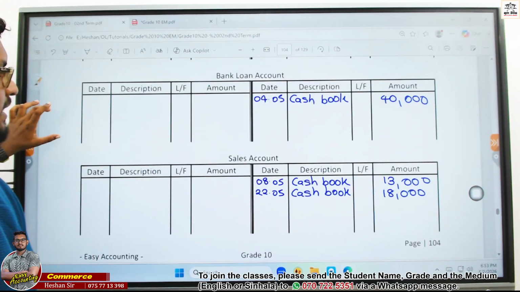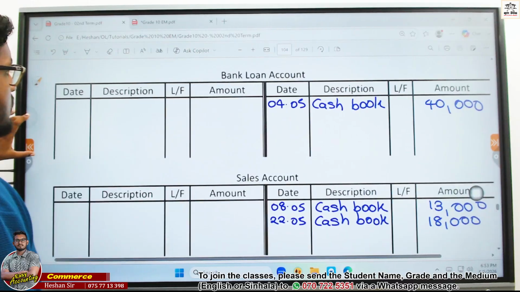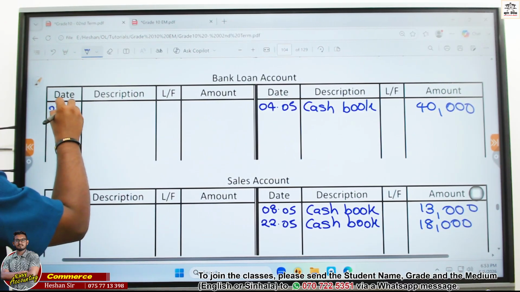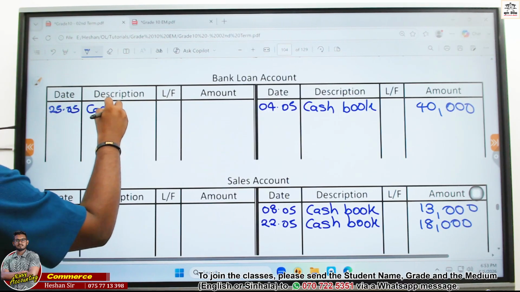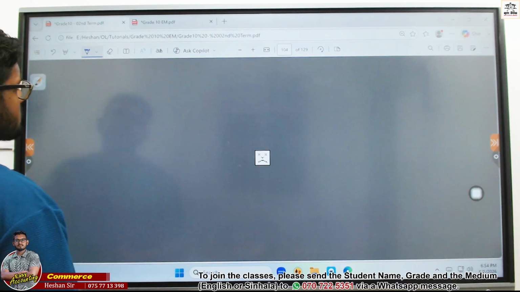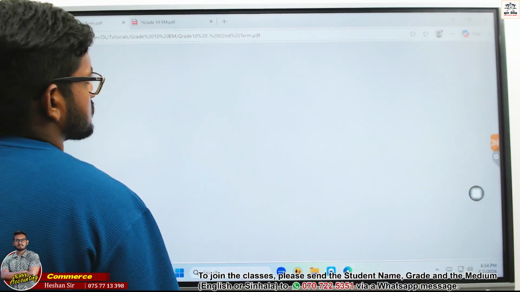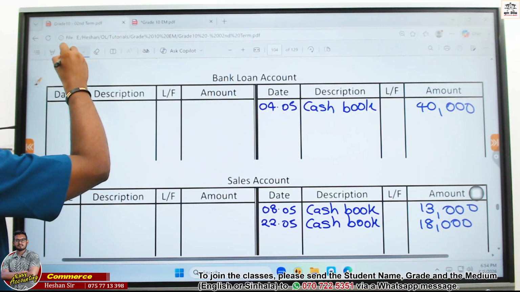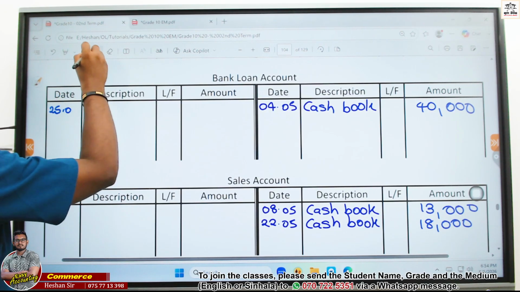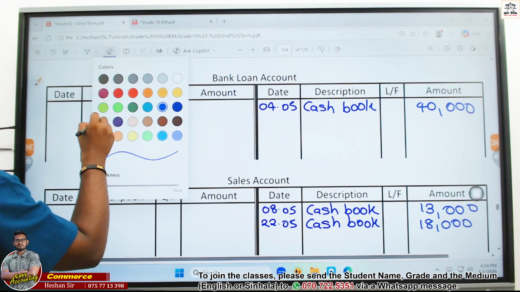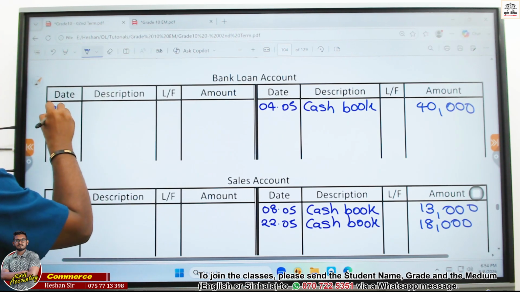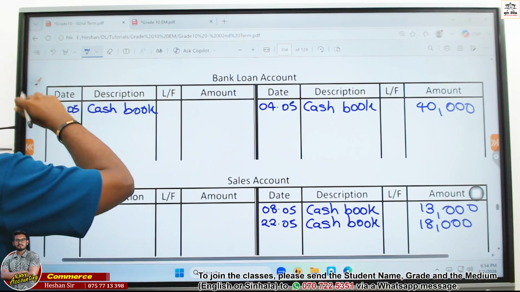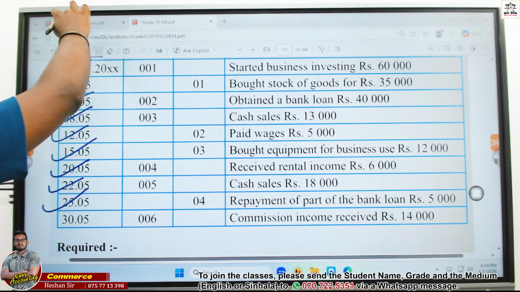So debit the bank loan account. 25th of May. Cash book. Repayment 5,000.